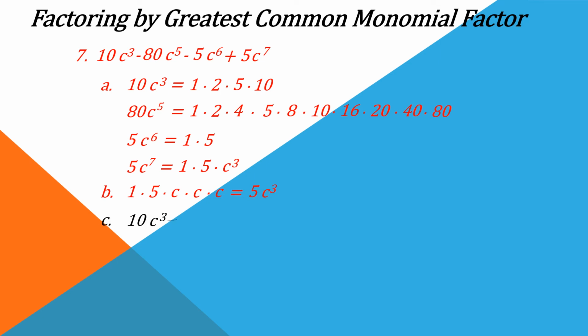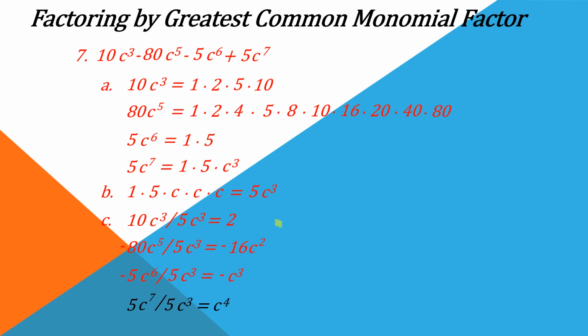For 10c cubed divided by 5c cubed, we have 2. For negative 80c to the fifth divided by 5c cubed, it is equal to negative 16c squared. And negative 5c to the sixth divided by 5c cubed is equal to negative c cubed. And last, 5c to the 7 divided by 5c cubed is equal to c to the fourth.